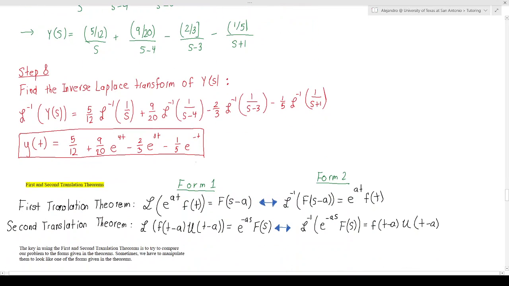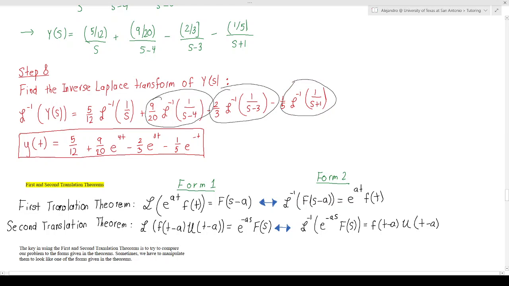And now in step 8, we're just going to find the inverse Laplace transform of big Y of s. So it's the inverse Laplace transform of the result from step 7. This is why it helps to factor out all the constants. I'm going to pull out the 5/12, the 9/20, the negative 2/3, and the negative 1/5.